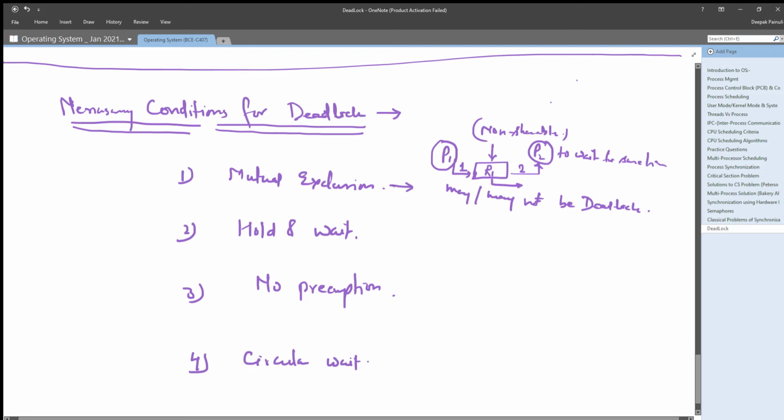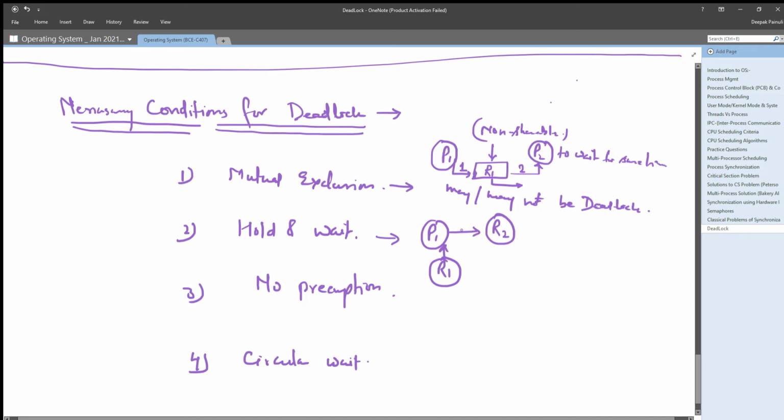So along with mutual exclusion, the hold and wait condition must be satisfied. That means if in the system P1 is holding resource R1 and it is waiting for the resource R2, then this condition could lead to deadlock.